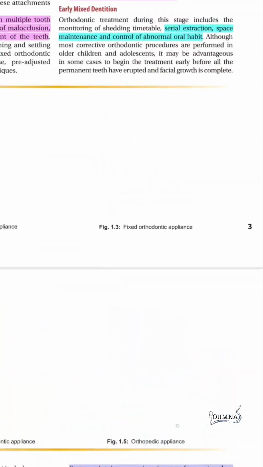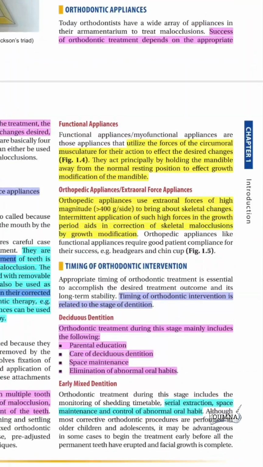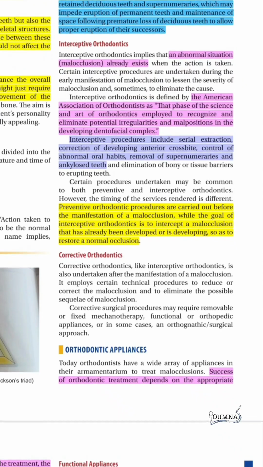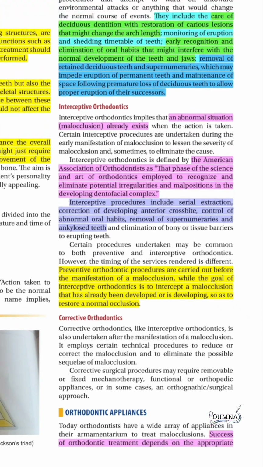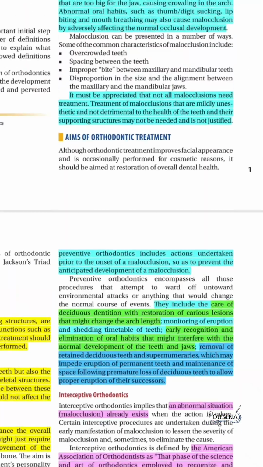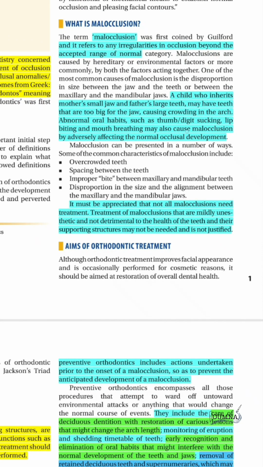Also, we must take into account the etiological factors that made this malocclusion, like for example heredity or any environmental factors.